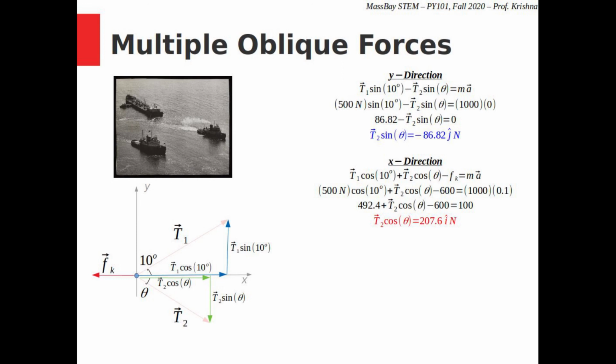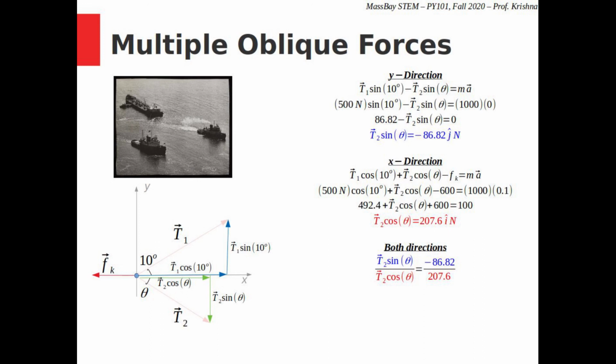Now, back in the y direction, we got T2 sine theta equals negative 86.82 j hat newtons. If we were to divide the expression from the y direction by the expression in the x direction, the T2's would cancel out, and we would be left with sine theta over cos theta.